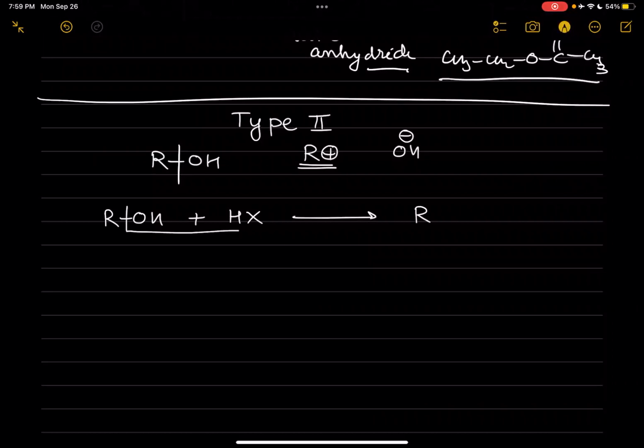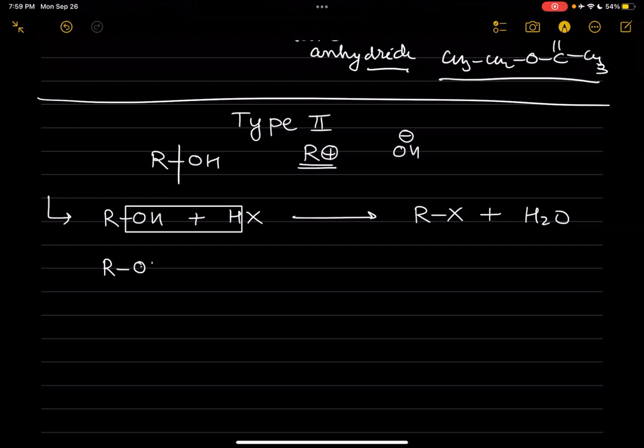So this is preparation of alkyl halide also. Can you give the specific name for this reaction if the X is Cl? Yeah, it is chlorination, that's a general name, but the specific name.